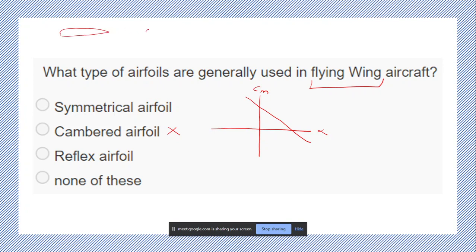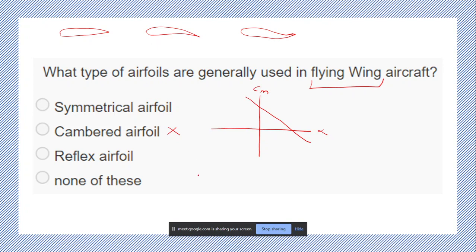Symmetric was something like this. Cambered had a curve. How was the reflexed airfoil? Does anyone remember? Okay, so the reflexed airfoil had an upward curvature towards the end, right?